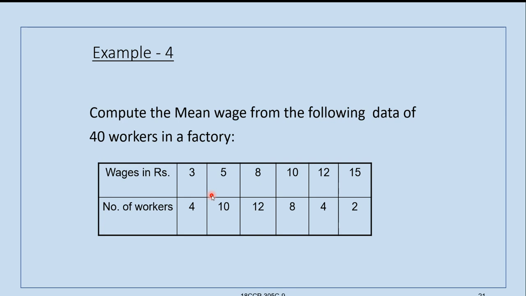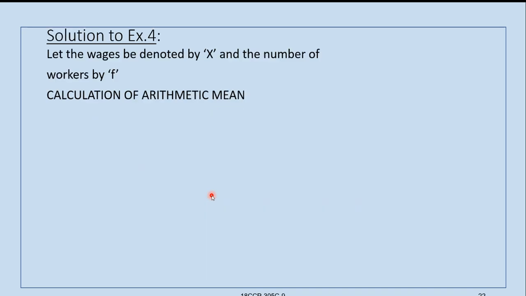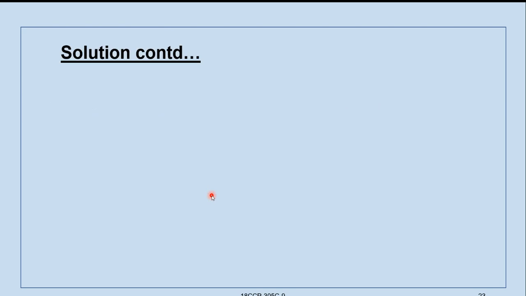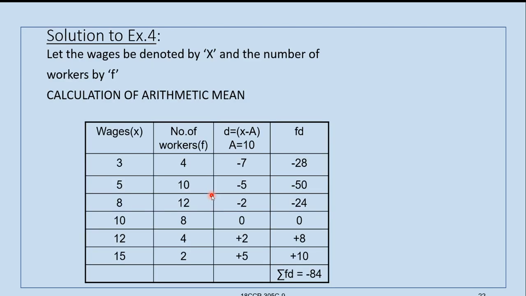So wages are X and number of workers are F. By looking into the solution, again 4 columns are taken and let the wages be denoted by capital X, that is first column, and the number of workers by F, that is second column.